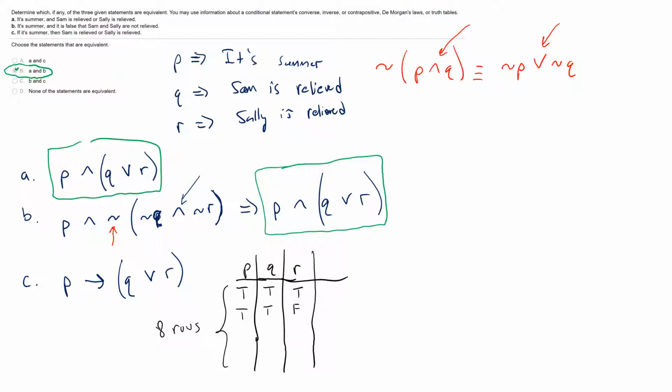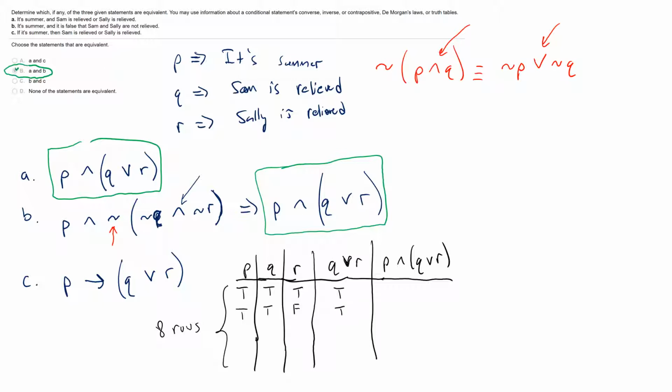But let's see. The statement A is P and Q or R. So in order to create that, I will need a Q or R, and then after that, I can do the P and Q or R. So Q or R. Looks like I would have true and true, because it's an or, as long as one of them is true, it's true.